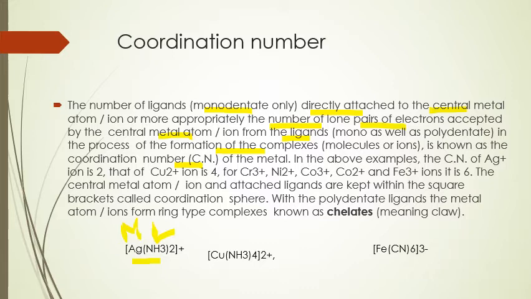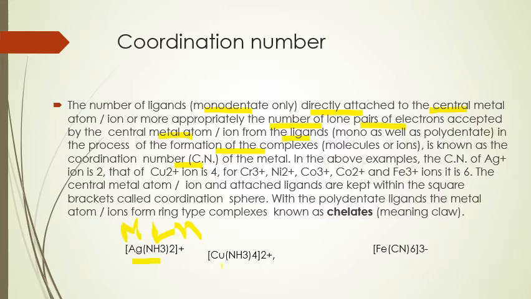That is n. We have in the general formula n, and the charge is 1 positive, that is x. So here it is the monodentate ligand ammonia. How many ammonia are donating to the central metal atom silver? That is 2. So here the coordination number is 2.